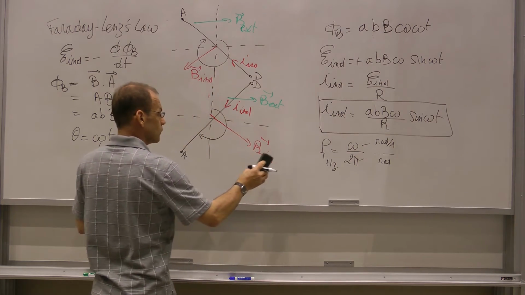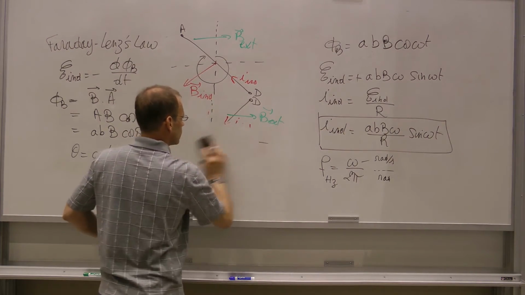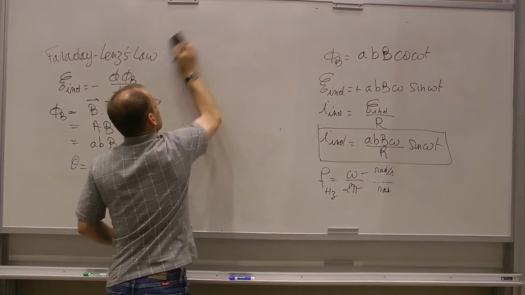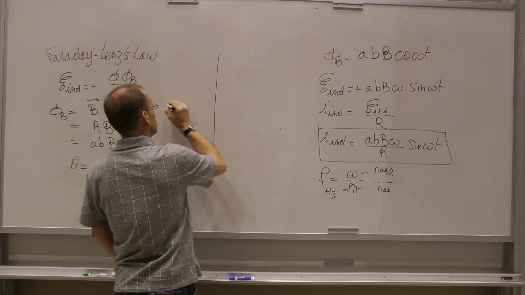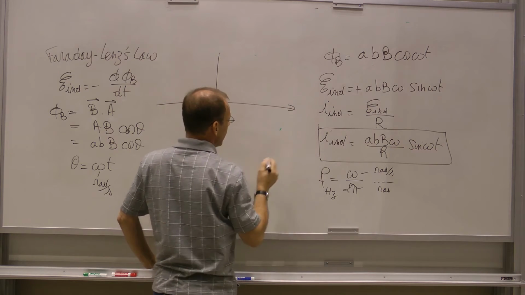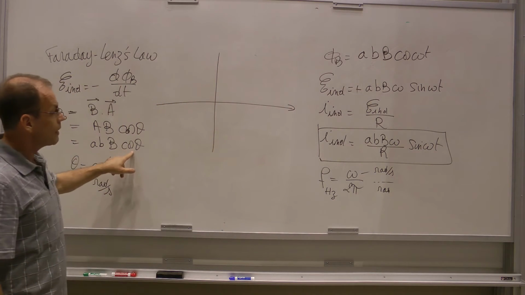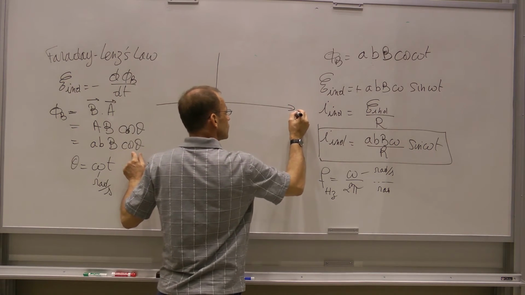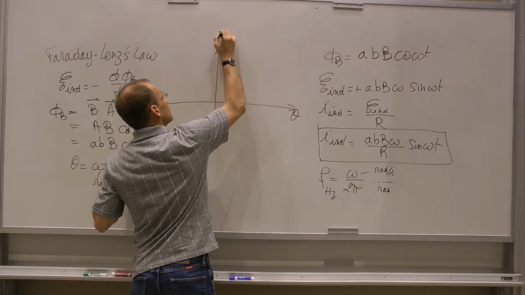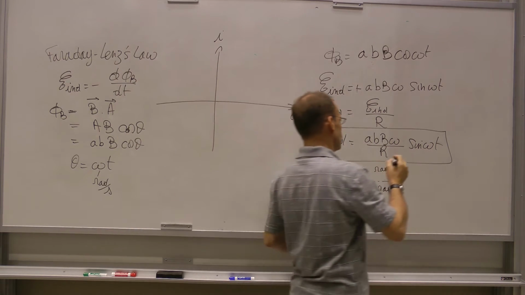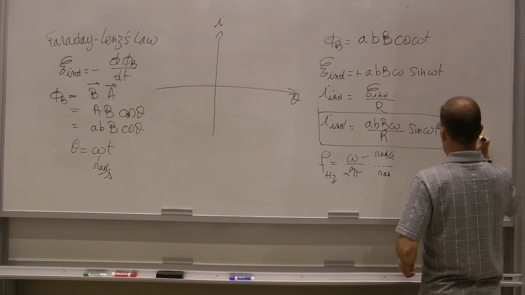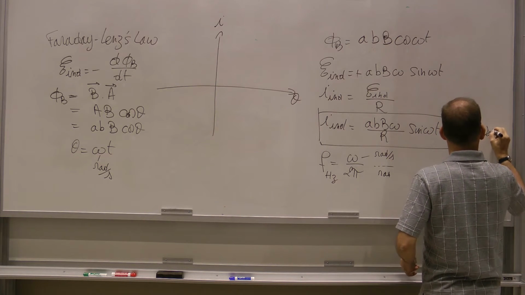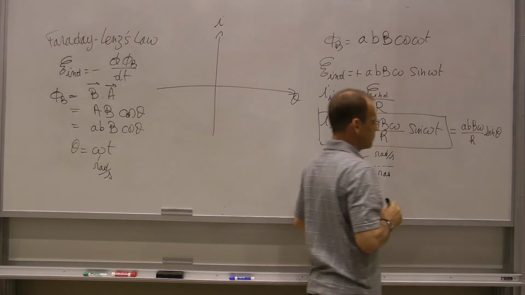What is really interesting is to start to plot the I induced as a function of time. In fact, we can also plot it as a function of theta because it's a little easier to see. So fundamentally, your I induced is also equal to a b B omega divided by R, times sine of theta.